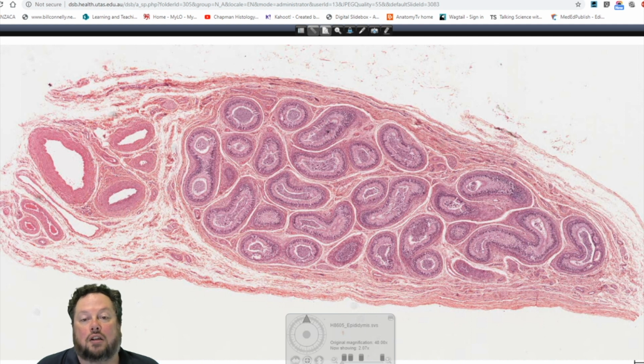The zona reticularis, the third of the 3 layers of the adrenal cortex, produces androgens, and so women get a lot of their androgens from the adrenal cortex under the control of adrenocorticotropic hormone from the anterior pituitary.